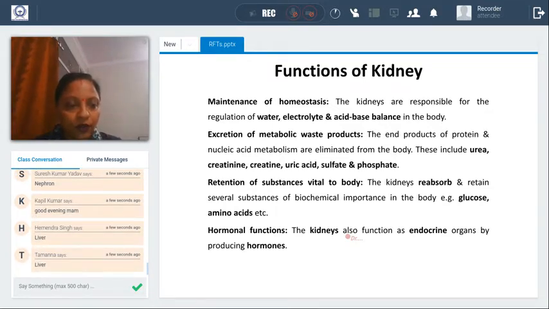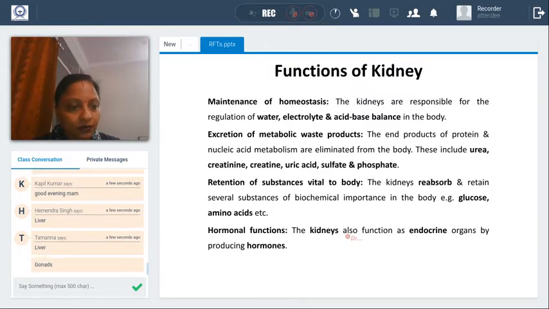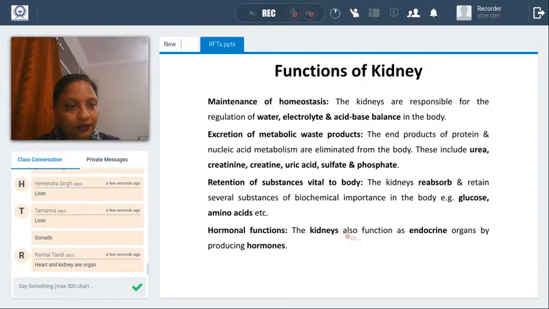Am I audible to all of you? Name two endocrine glands. Yes? Please write in the box. Endocrine glands.